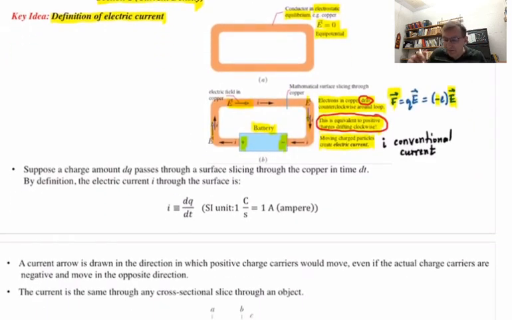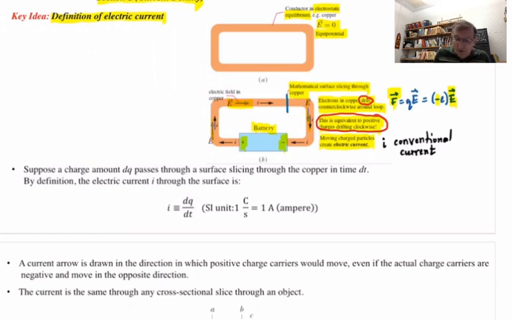Okay, now, let's give the formal definition of electric current. I just gave you a description of it. All right, I have imagined a mathematical surface that we're seeing edge on. So it's going to look like a line, but it's actually a surface. And it's mathematical, it's not real. Slicing right down through the copper somewhere. I just drew it with a blue line. That blue line represents a mathematical surface slicing through the copper.